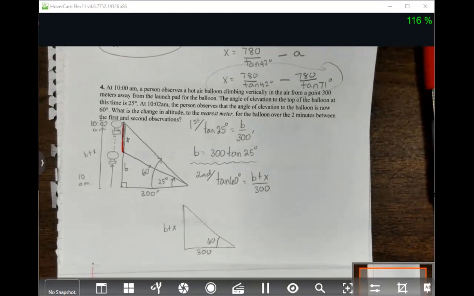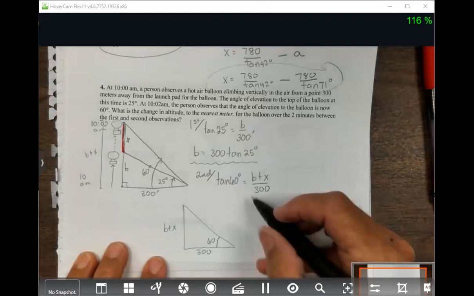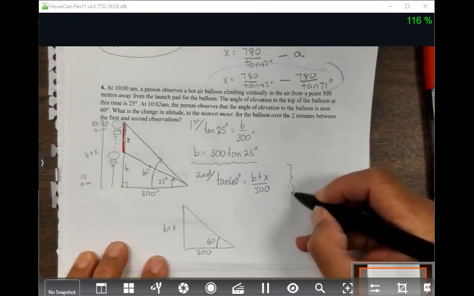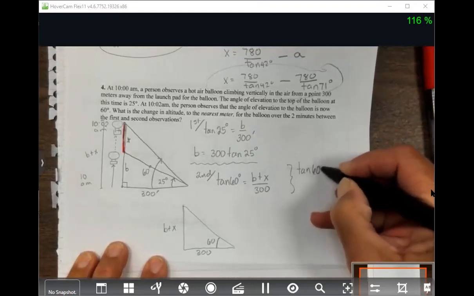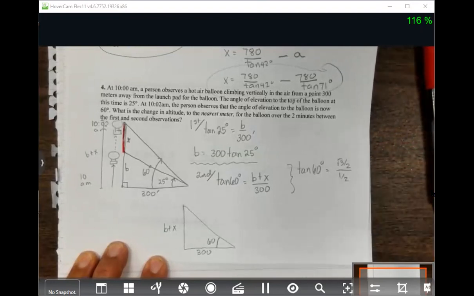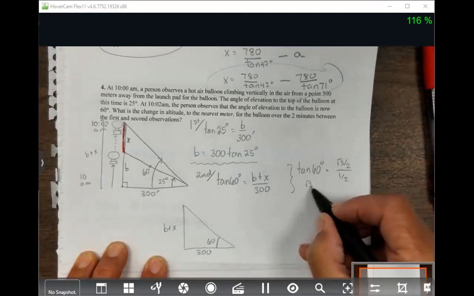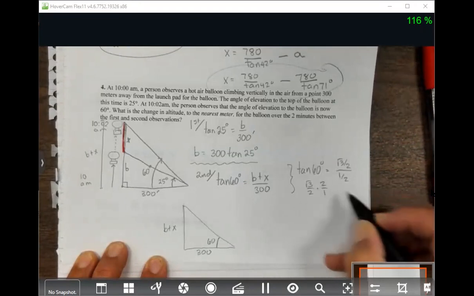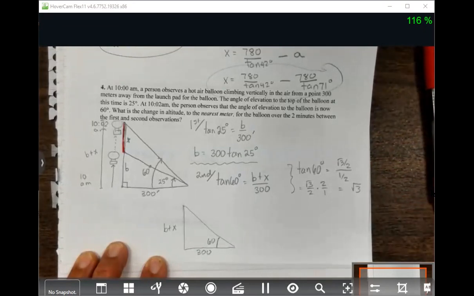Cosine then is 1/2. So notice that the tangent of 60 degrees is square root of 3 over 2 divided by 1/2. And so if we divide the square root of 3 over 2 by 1/2, we would be multiplying by 2 over 1. So the tangent of 60 degrees is the square root of 3.